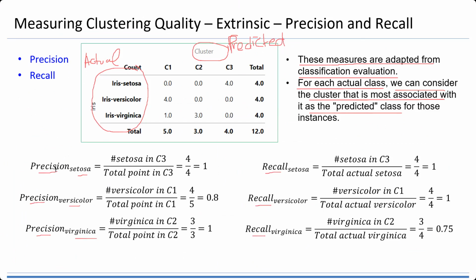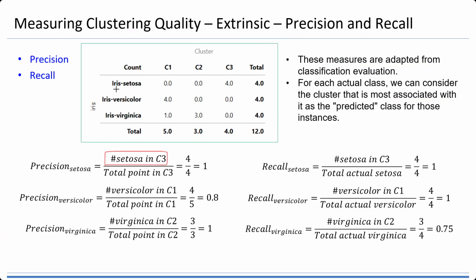Now we can see the precision. It is the number of setosa in C3. Because we know most of the setosa are in C3, this is the number of setosa in C3 divided by the total points in C3. What about the precision for versicolor?